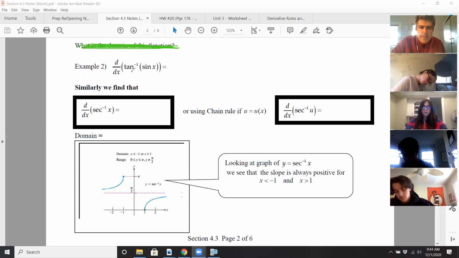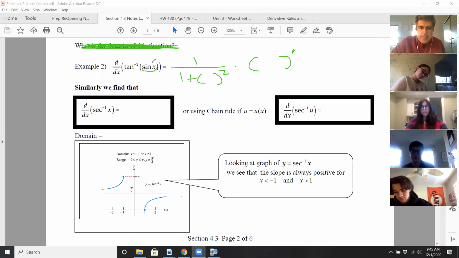So let's take the derivative of this guy here. So that's just going to be 1 over 1 plus something squared times the derivative of something. What's my inside? Sine x.